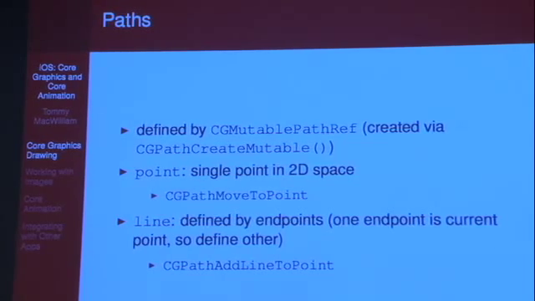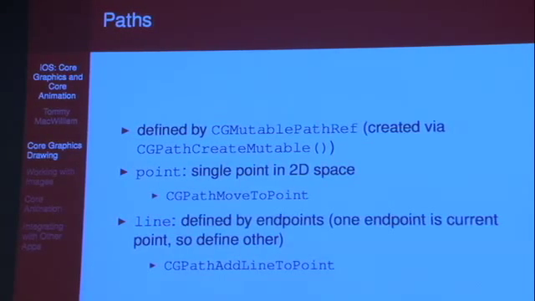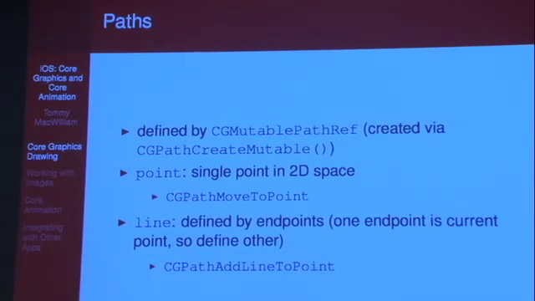That's going to return to you a similarly named object, and because it's mutable, we can change it. But again, we're not really dealing with Objective-C objects anymore. This is standard C. The two basic concepts in a path are a point, which defines all the points that can be connected by a line or a curve, and then the line itself. A line we're just going to define as a series of endpoints.